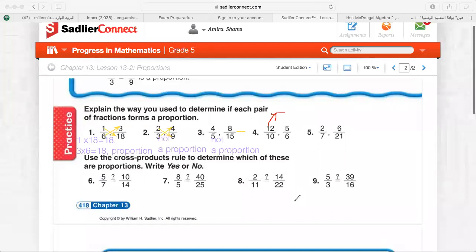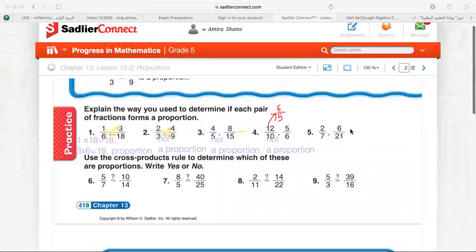By 2, for example. 12 divided by 2 is 6, and 10 divided by 2 is 5. So I have the opposite here, 6 over 5 and 5 over 6. They are not equal, so it is not a proportion. The two simplest forms are not equal.